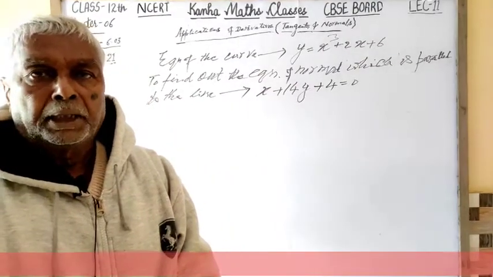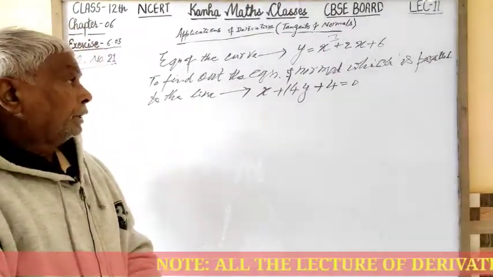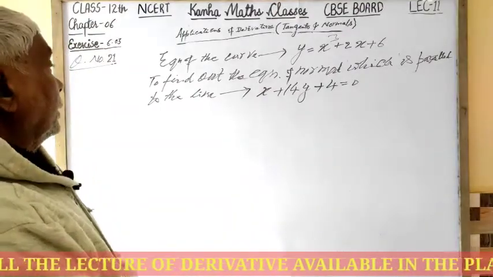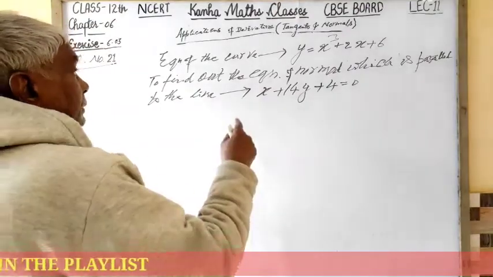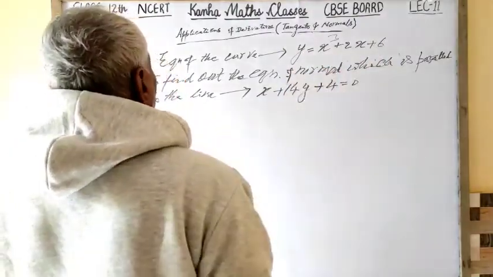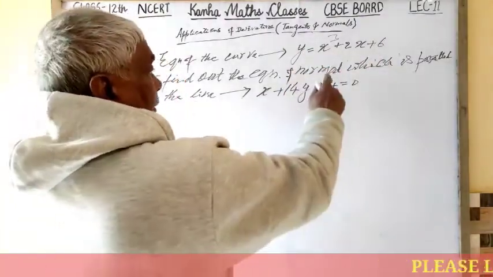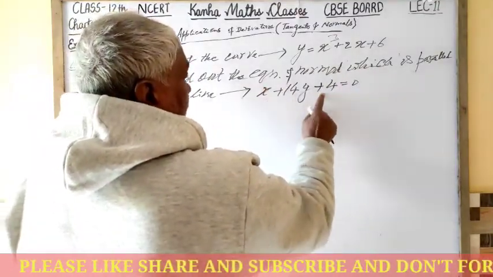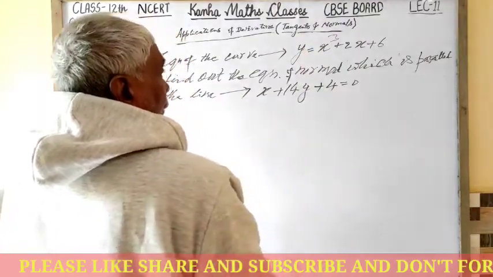In the continuation of previous videos, here is question number 21, in which the equation of the curve is given, that is y equal to x cube plus 2x plus 6, and you have to find the equation of the normal which is parallel to the line x plus 14y plus 4 is equal to 0.